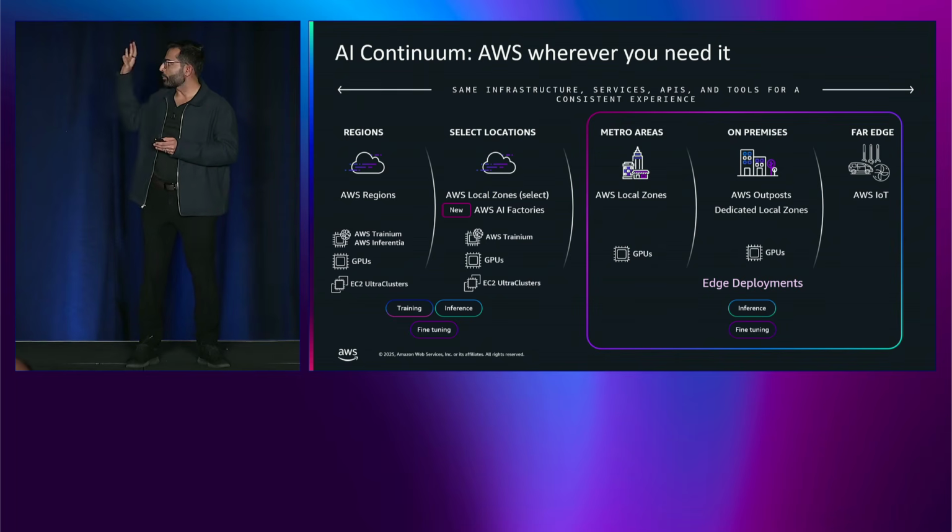And then we have AWS IoT offerings, which are meant for the far edge. And when you think about all of these edge deployments, they're best suited for the inference and fine-tuning workloads. Overall, across all of this AI continuum, one thing we made sure of is a consistent experience when it comes to services, APIs, tooling, as well as infrastructure.